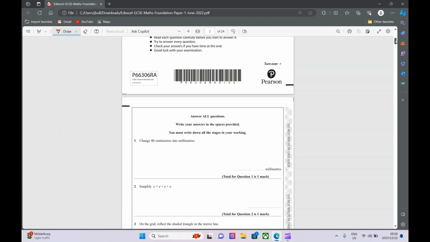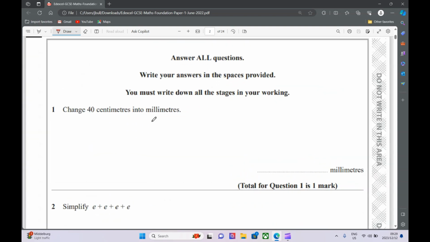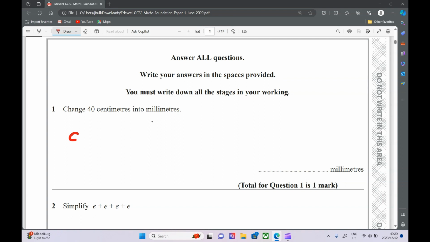So question 1. Change 40 centimeters into millimeters. So this is converting between units. You have to know these. If I want to go from centimeters to millimeters, I would times it by 10. Part of your mark is knowing that. Not so much in this paper, but you'll see in other papers you will actually get a mark for that part.